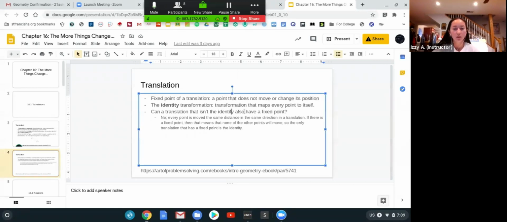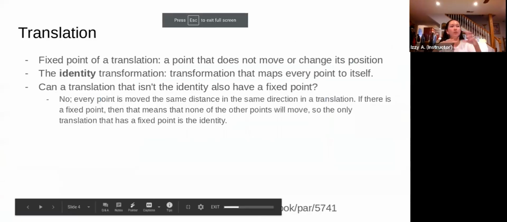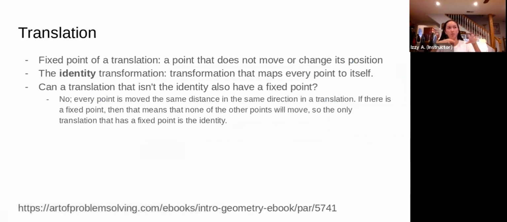So if one of the points doesn't move, then the rest of the points don't move. But at the same time, in a translation, in order for a whole figure to move, all of the points have to move. And the shape that results from the translation has to be the exact same shape as the original shape.